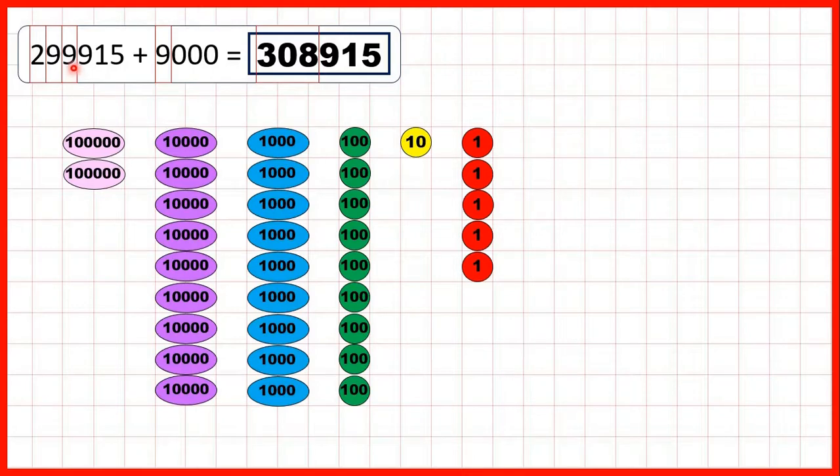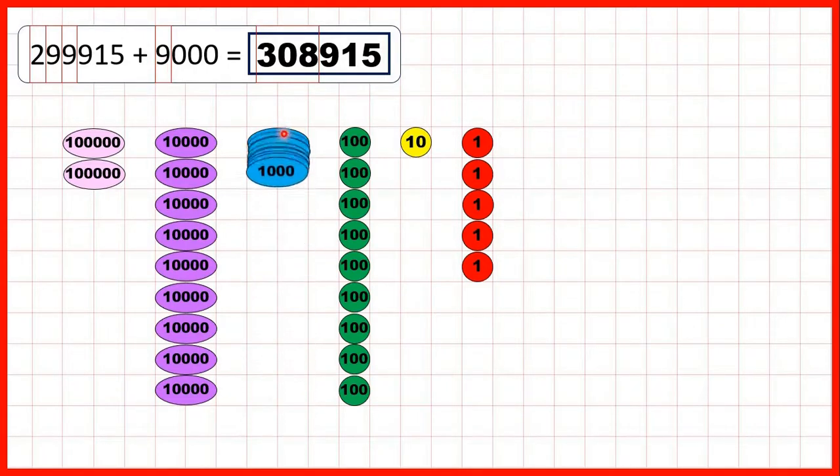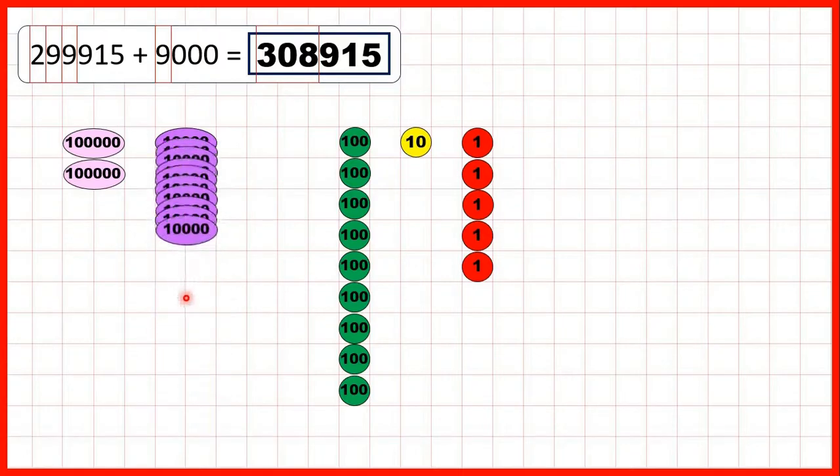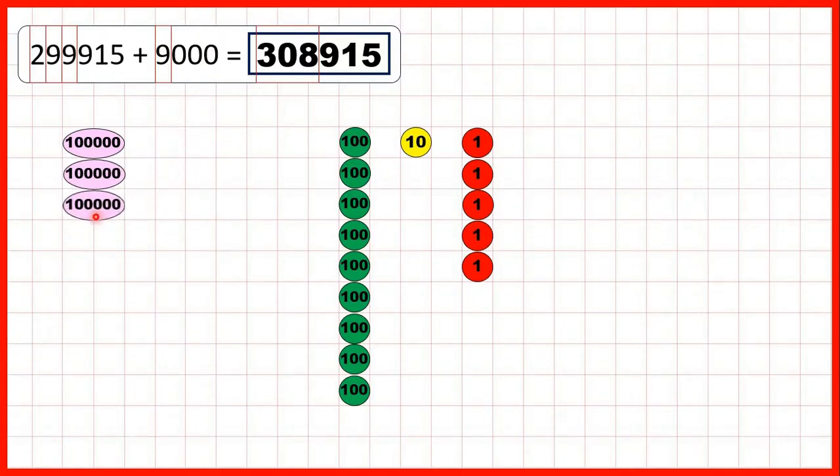Now our last question was 299,915. We've shown this here, and we were adding 9,000. But when we add just one more 1,000, we have 10 thousand counters. So we exchange those for one 10,000 counter. But now, because we've done that, we have 10 10,000 counters, which can be exchanged for one more 100,000 counter.